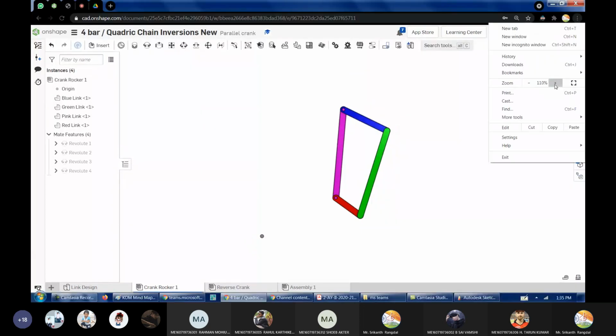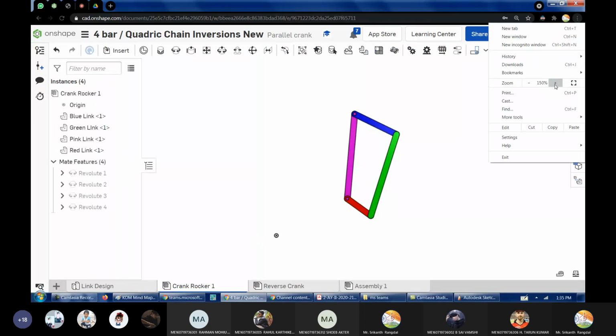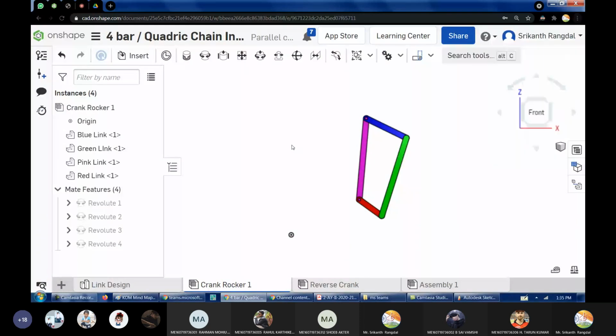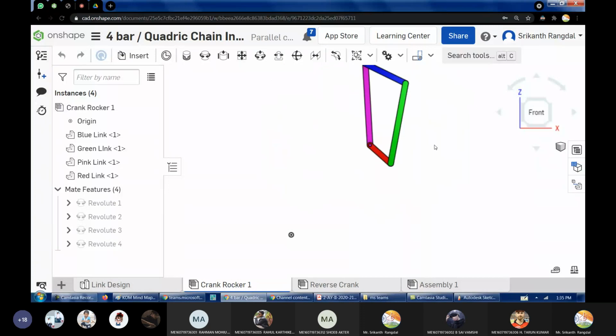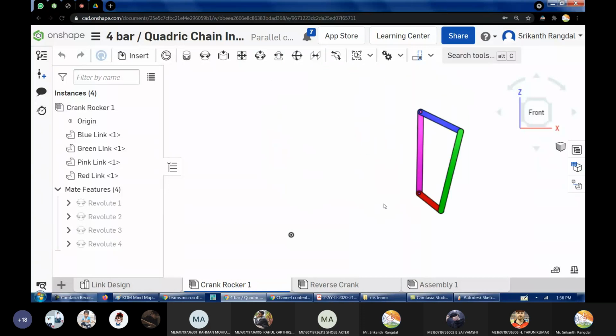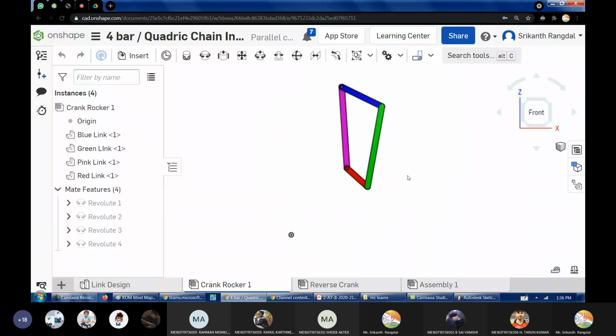Let me zoom in a little. Is it clearly visible to everyone? You can see on the left side, all the links are free. When they're all free, the motion is like this. It's just a chain which can move freely wherever it wants.